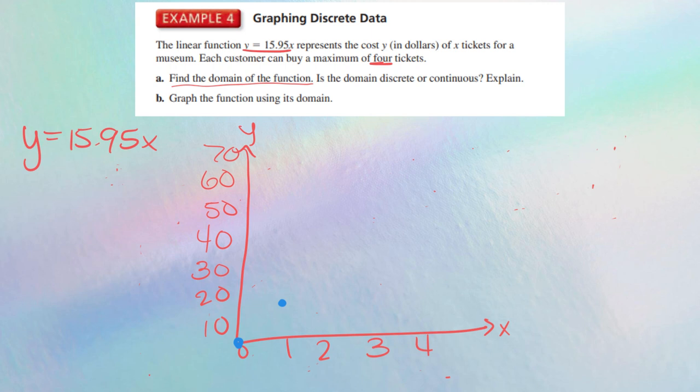It was a total of what? Nobody wrote it down? It was 31.90. What about when it was 3 tickets? 47.85. And 4 tickets was what?